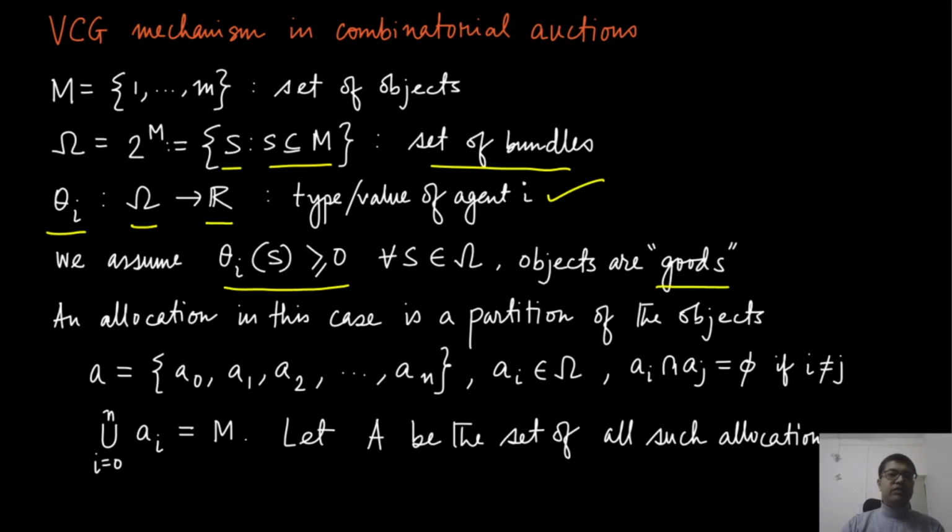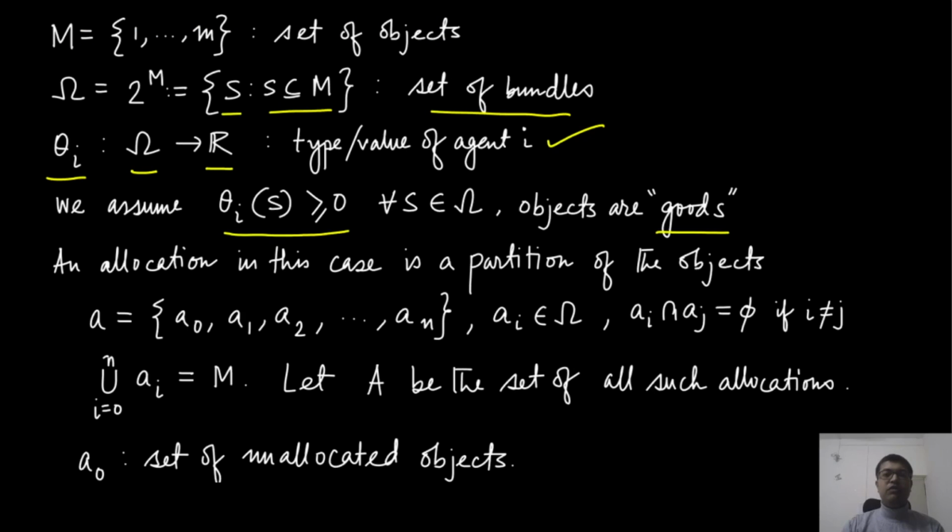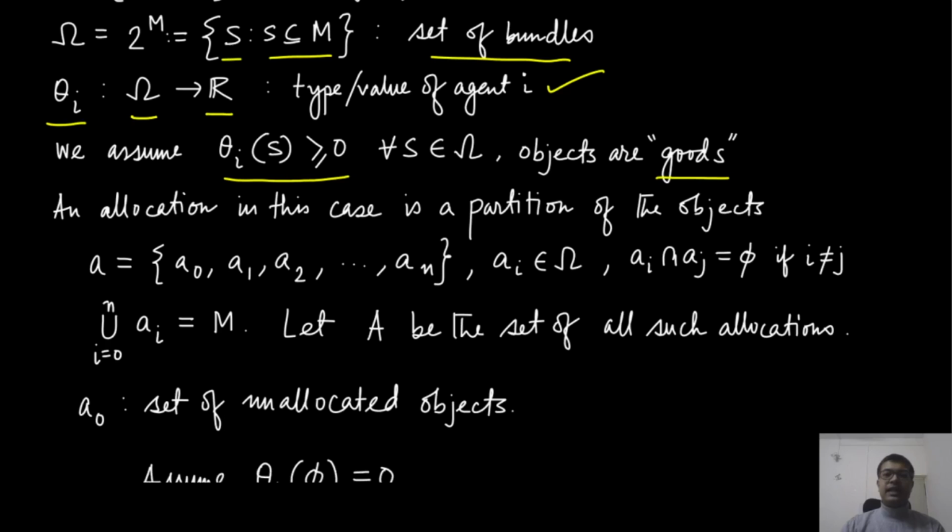Now we can define the allocation in the following way. We can say that an allocation is a partition of all these objects. And while we are defining this partition, this allocation, we are going to define it as A0 to AN, where A1 to AN is the allocation to each of these N agents who are getting these objects.